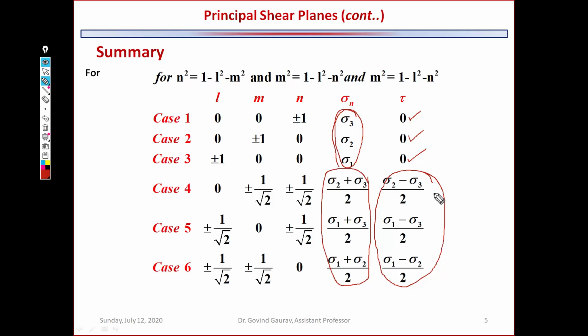So on the planes of maximum shearing stress we can have normal stresses, but when we consider the maximum normal stresses acting on the plane, no shearing stresses would be acting on those planes. That's why those planes are known as the principal planes, as on those planes no shearing stresses act and only normal stresses act on those particular planes.